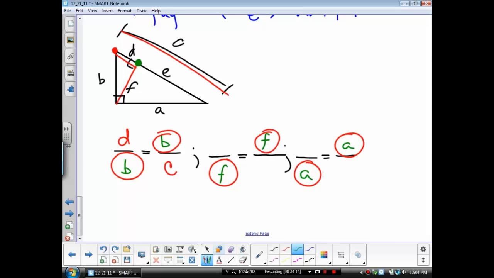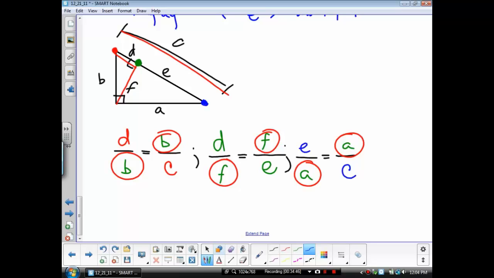So F is a geometric mean between D and E. Now, what is A the geometric mean between? C and E. Notice both of them intersect A at that point.